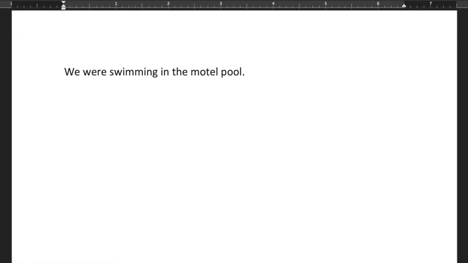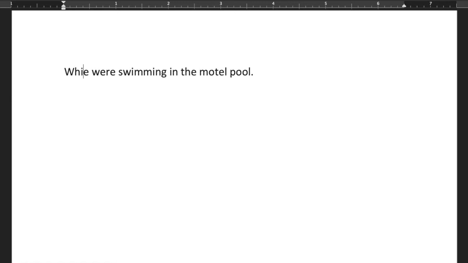And it's a complete SVO. The subject is we, the verb is swimming, and the object is the pool. The pool is where the swimming is happening. We are doing the swimming. Swimming is the verb, SVO. So this is, as I say, a complete sentence. It's an SVO, and it's an independent clause.